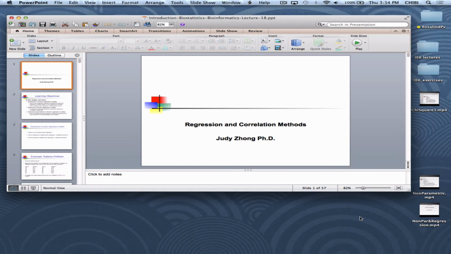For that, the non-parametric test is called the Spearman correlation coefficient. That is a non-parametric test.